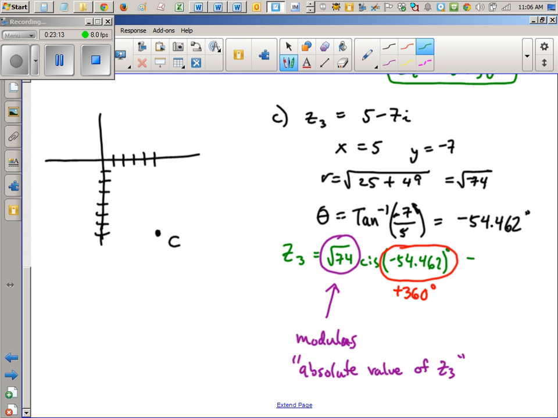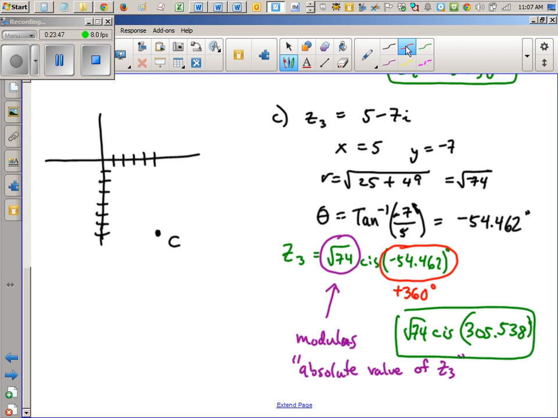And therefore, this answer really should be written as root 74 cis 305.537. I'll write it here. Root 74. I can't write. Root 74 cis 305.538 if you're rounding.